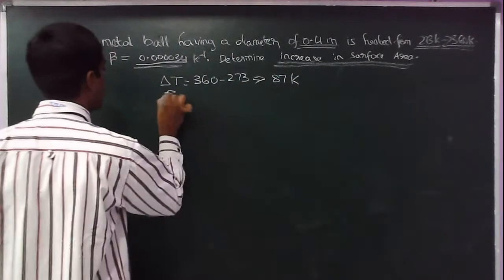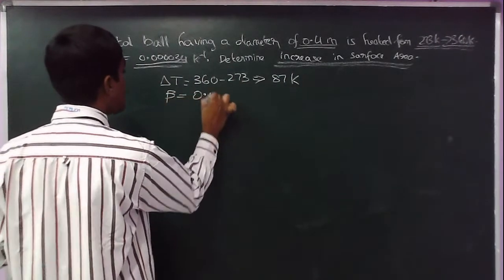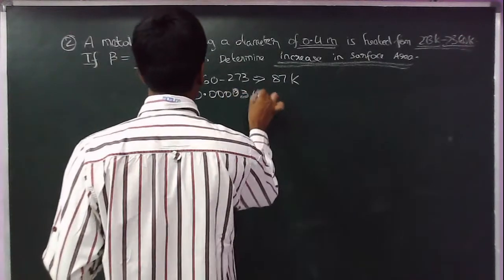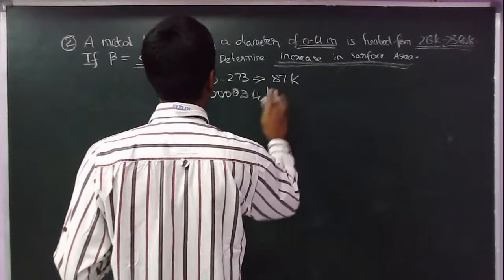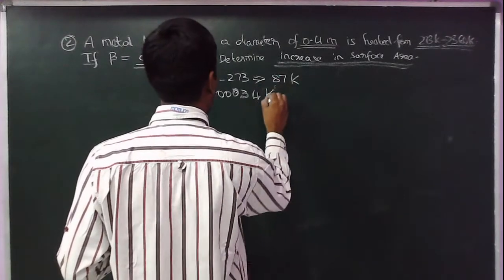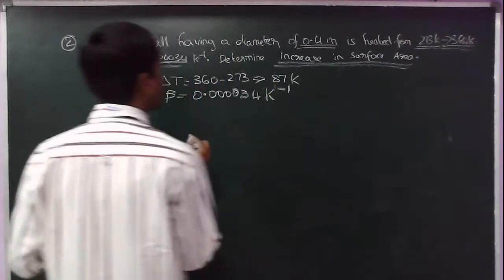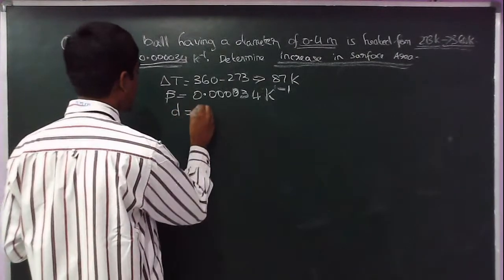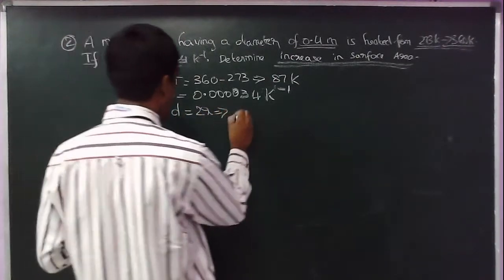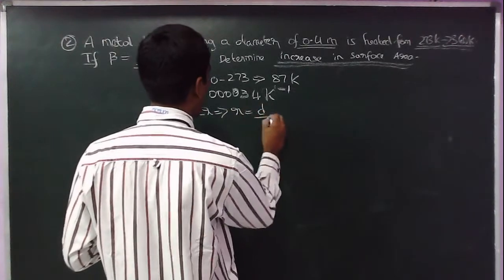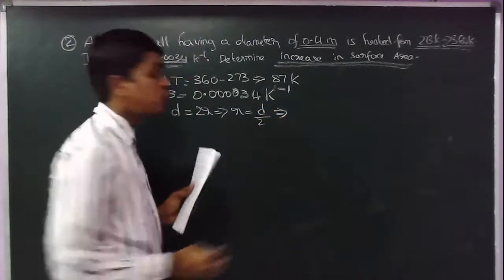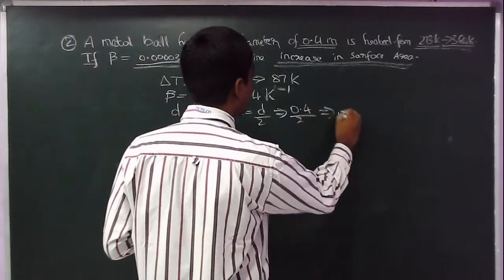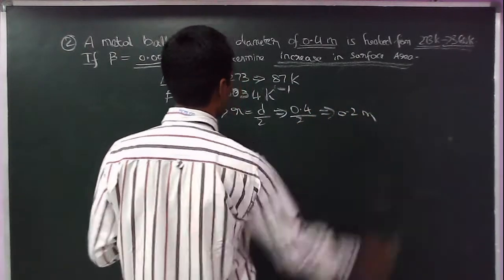Now beta is 0.000134 per kelvin. Now diameter D is equal to 2R, so R is equal to D upon 2. The diameter is 0.4 by 2, so it will become 0.2 meter.